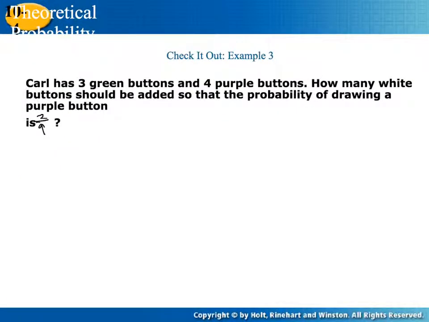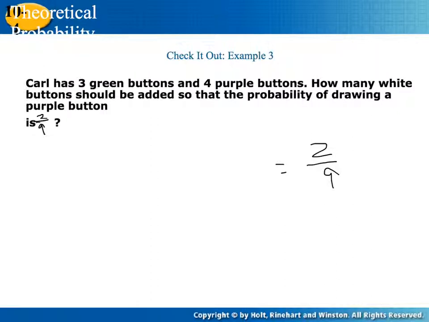All right, you don't have to write this one down. It says Carl has 3 green buttons, 4 purple buttons. How many white buttons should be added so that the probability of drawing a purple button is 2/9? So when I look at this problem, we need to add buttons, all right? I want my final probability to be 2/9.